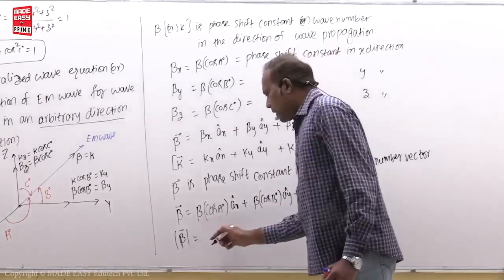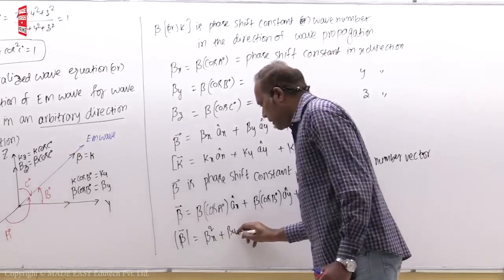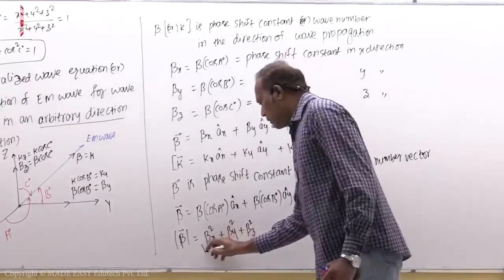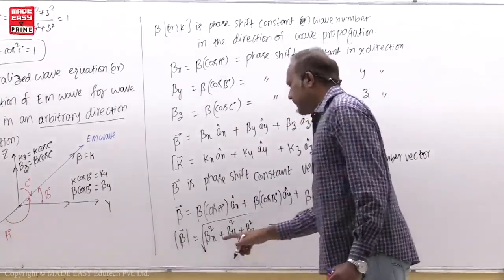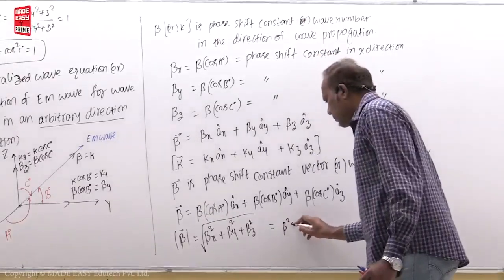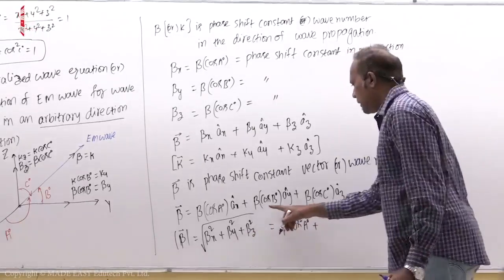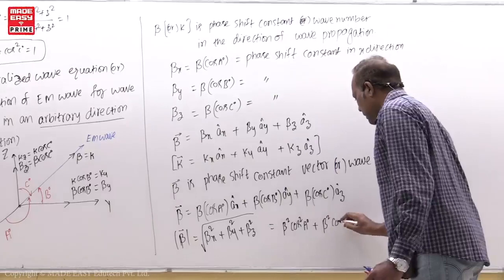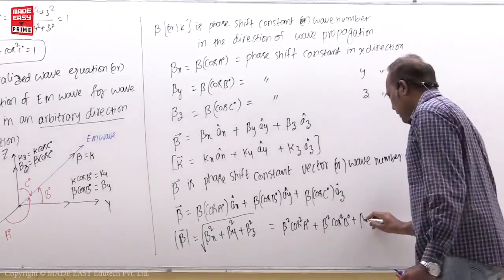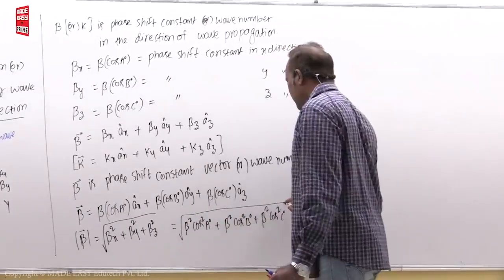In terms of beta, beta x square means beta square cos square a, plus beta square cos square b, plus beta square cos square c, under root.